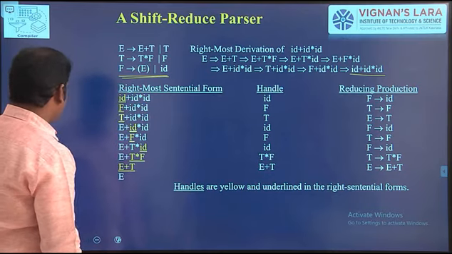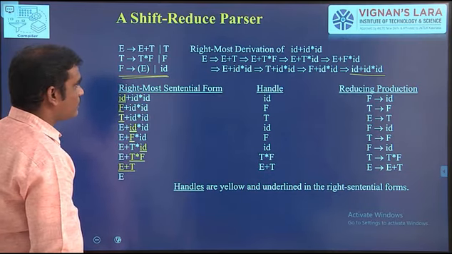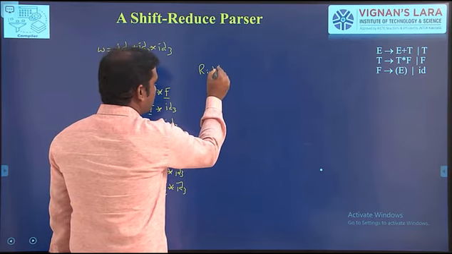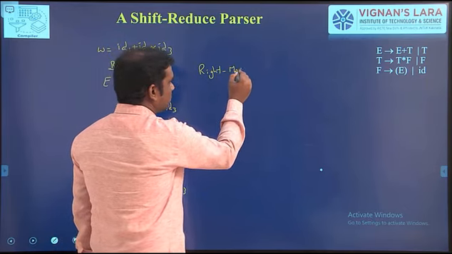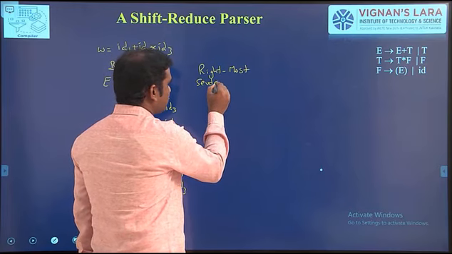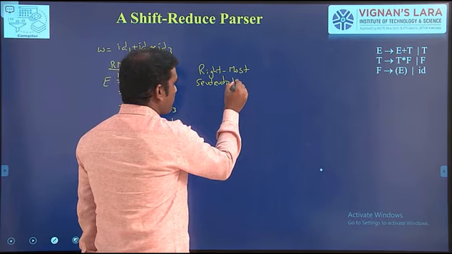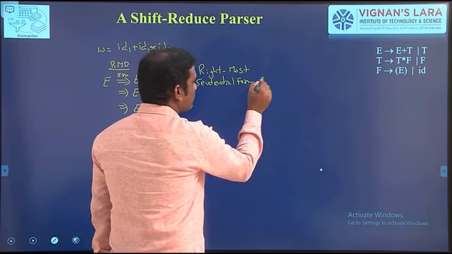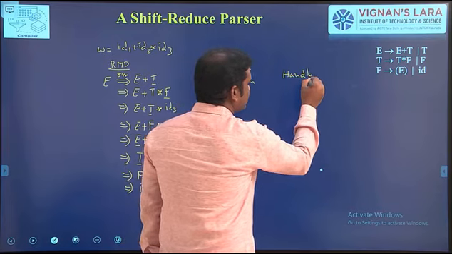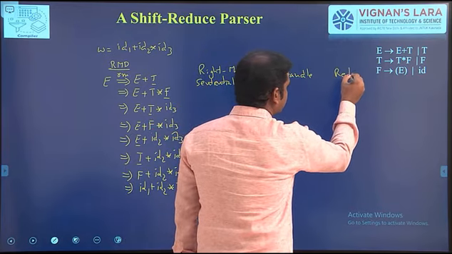The first column is the rightmost sentential form, then the handle, then the reduction production.